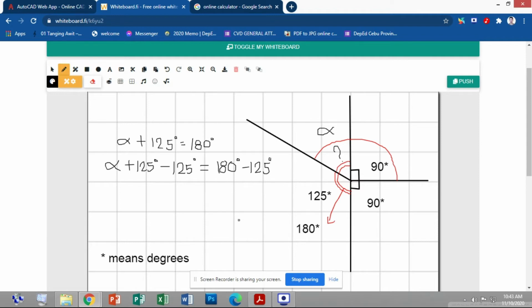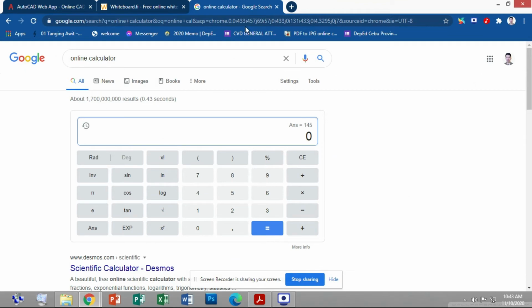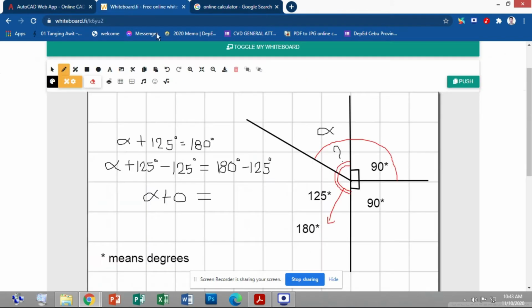Okay, so what do we get? With alpha, kasi magiging 0 ito, alpha plus 0. So, 180 minus 125. Let's use our calculator. 180 minus 125, so we have 55. The answer here is 55 degrees.